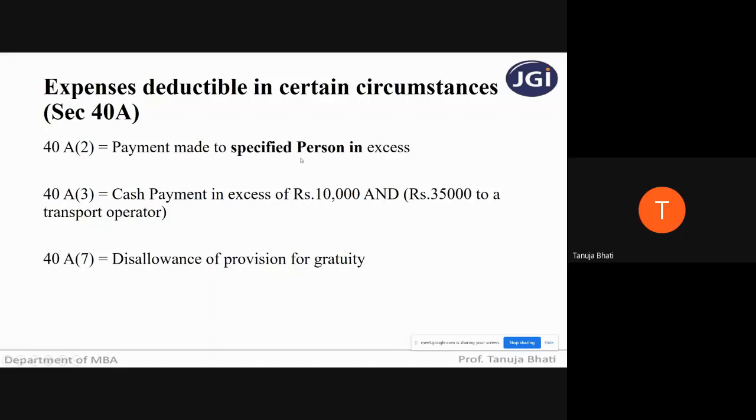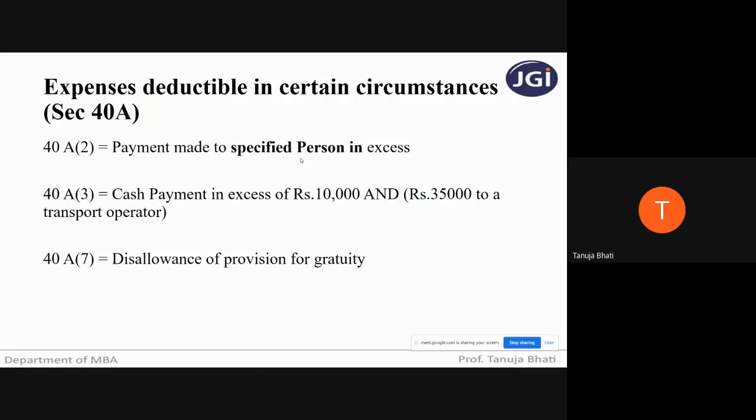The general market rate of salary for an accountant may be 15,000, but I am paying her a salary of 45,000. So 45,000 minus 15,000, the extra amount I am claiming is 30,000.